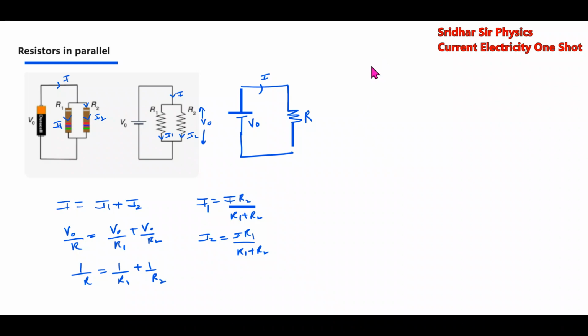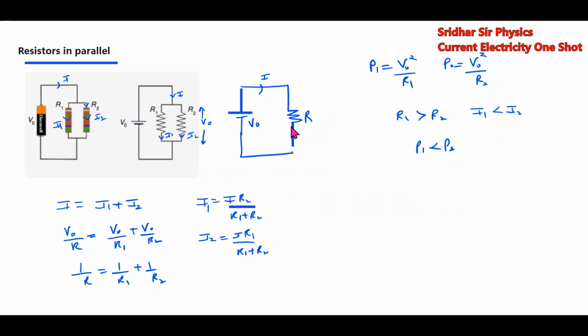What about the power dissipated? P1 equal to V naught square by R1. P2 equal to V naught square by R2. If R1 is greater than R2, then the current I1 will be less than I2, and P1 is less than P2.